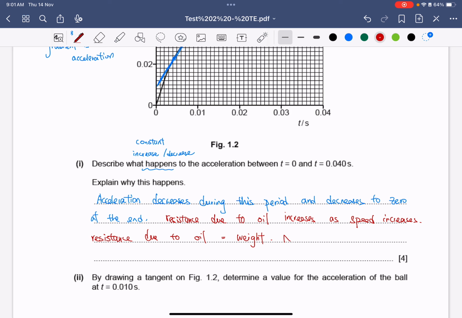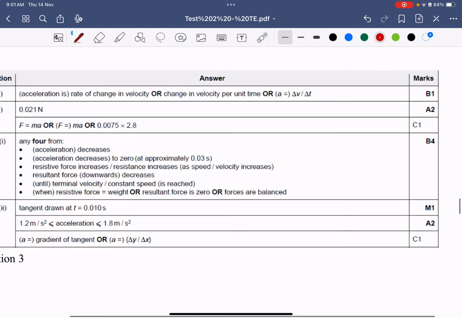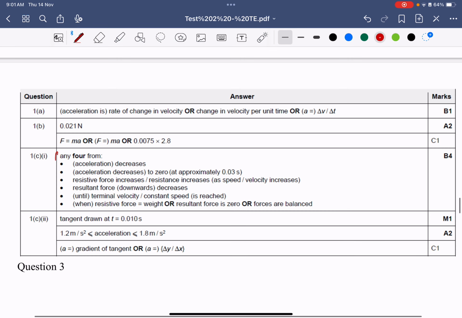Therefore, no resultant force. So therefore, acceleration is 0. It's like that. So you look at this one, any fall up here.